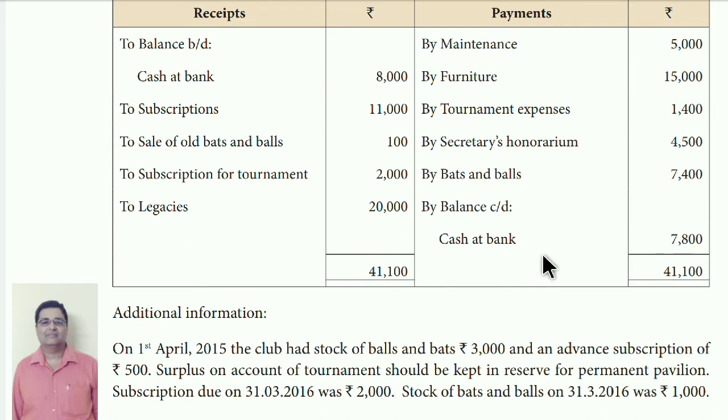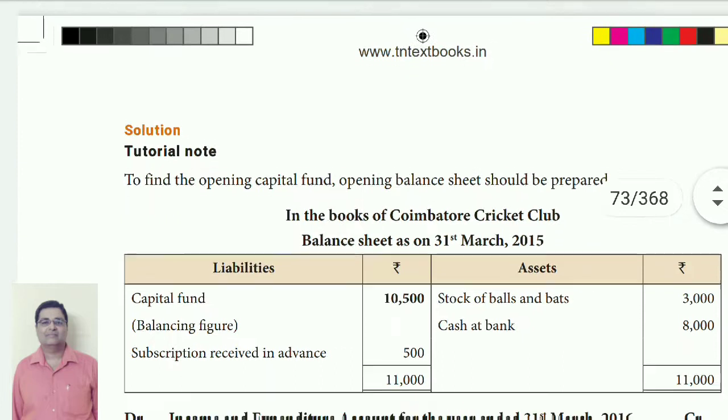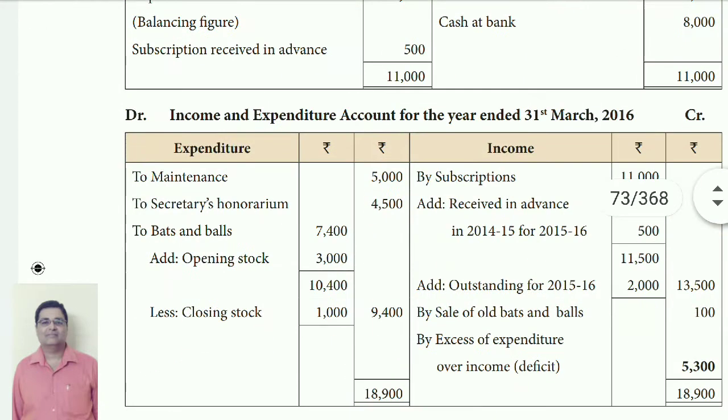So 7,400 plus 3,000 opening stock minus closing stock 1,000. See the expenditure account: 7,400 plus 3,000 is 10,400, minus 1,000, you will get 9,400.